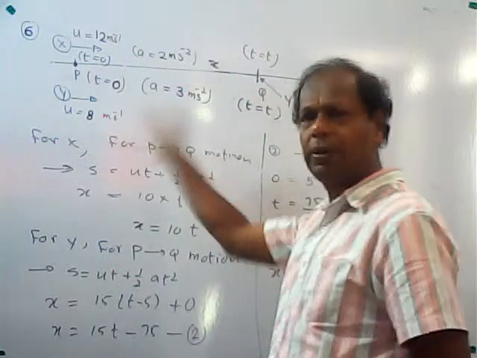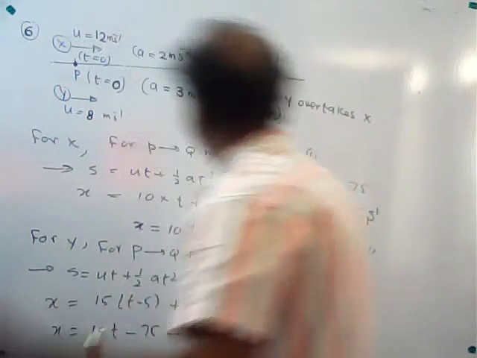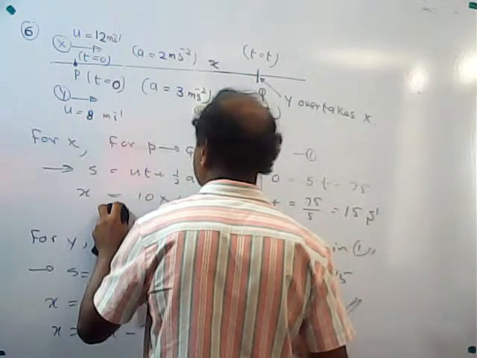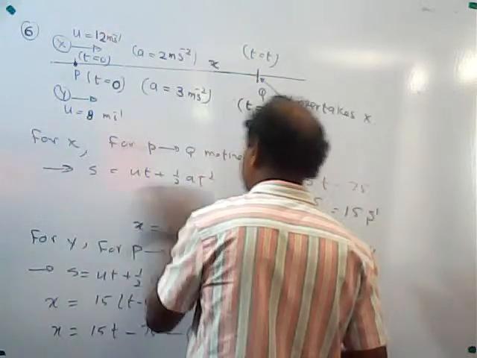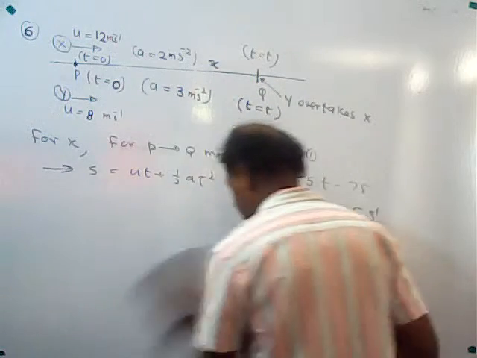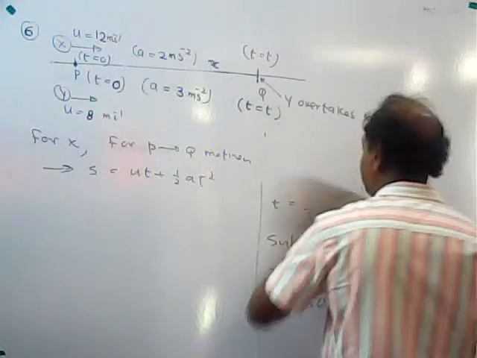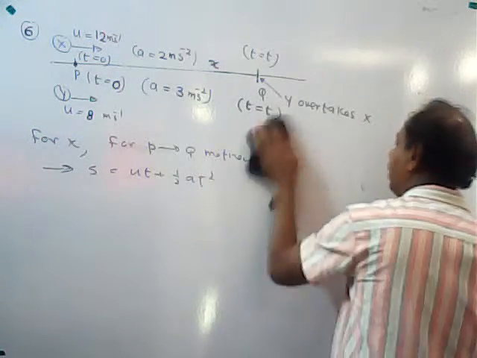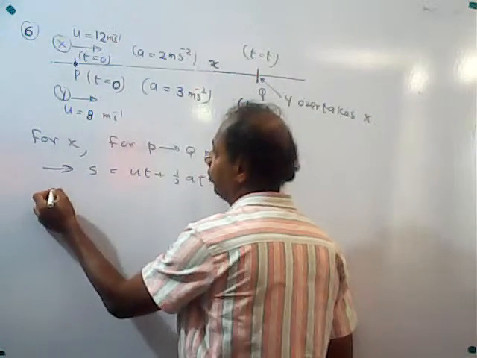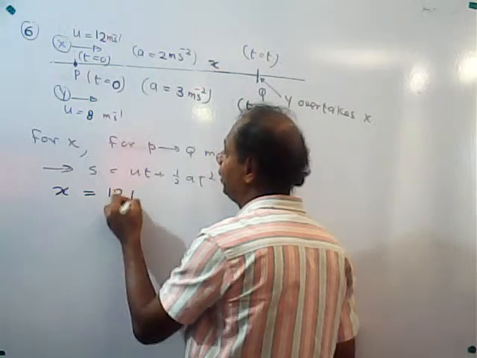The same formula we have to apply, but now the situation is different. The equations we are going to get can be different. x equals 12t plus half 2t squared.